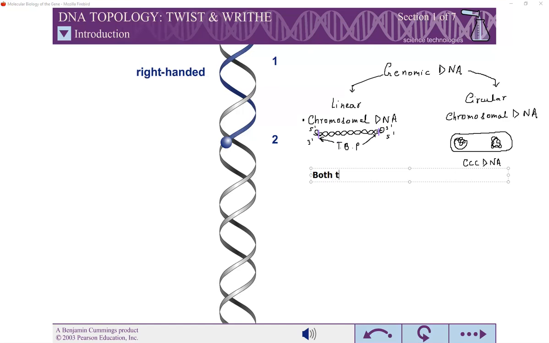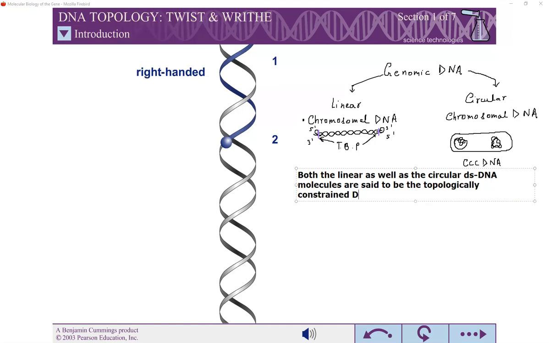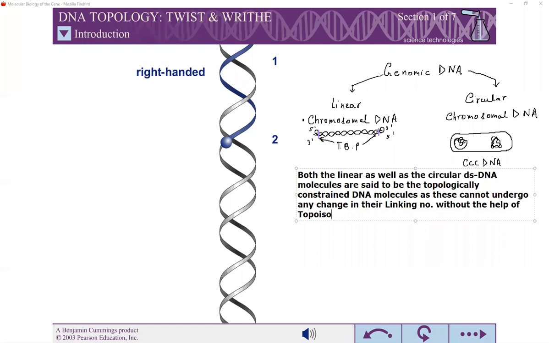Both the linear as well as the circular dsDNA molecule are said to be topologically constrained DNA molecules, as these cannot undergo any change in their linking number without the help of topoisomerases.